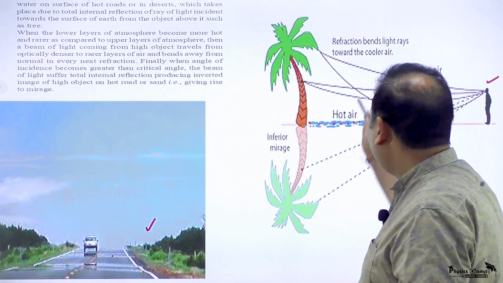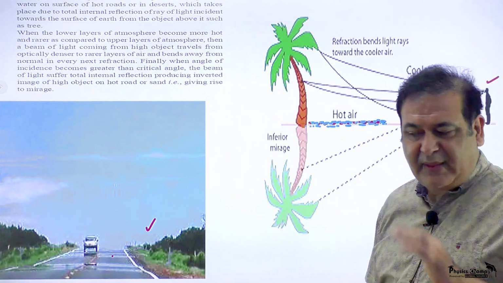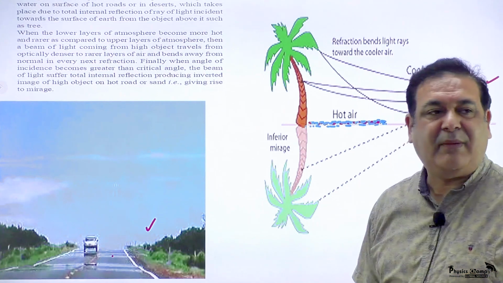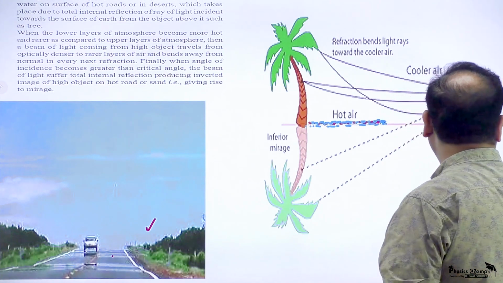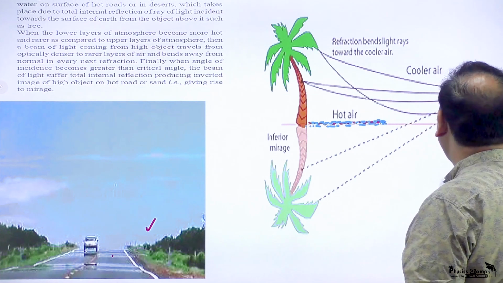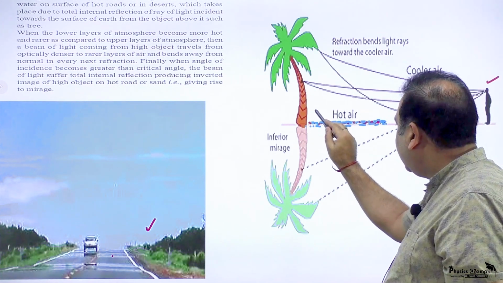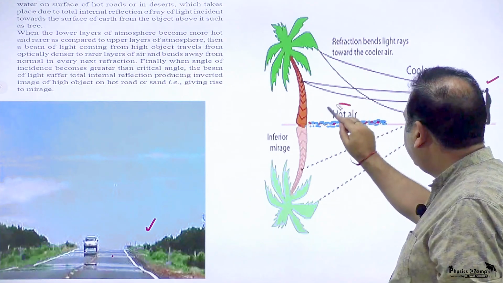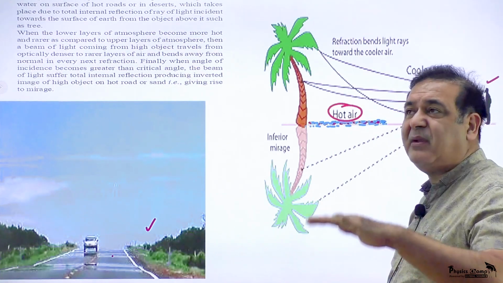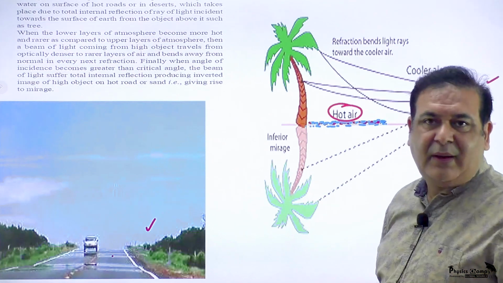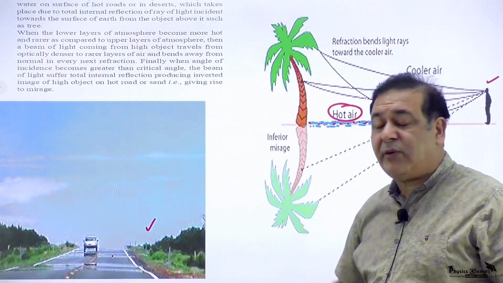So over here, this picture is giving you a basic idea, and then we'll try to make it in a more detailed way. Actually what happens is that the layers of the air which are closer to the surface are hot, because the sand gets very hot as compared to the upper layers of the atmosphere. Similarly for the road.